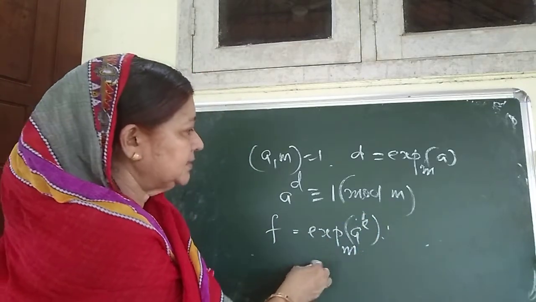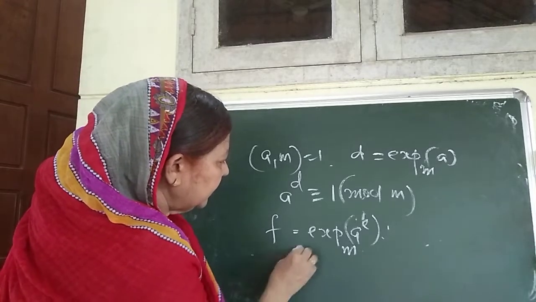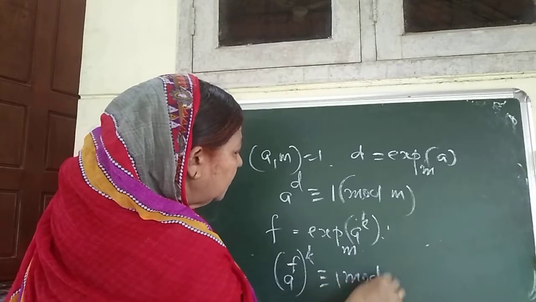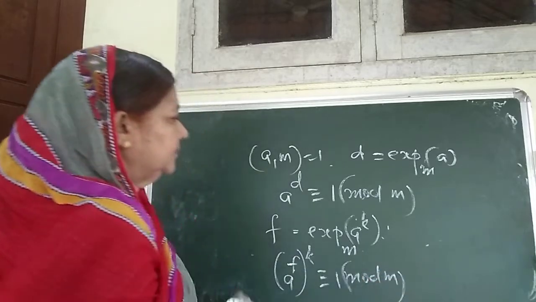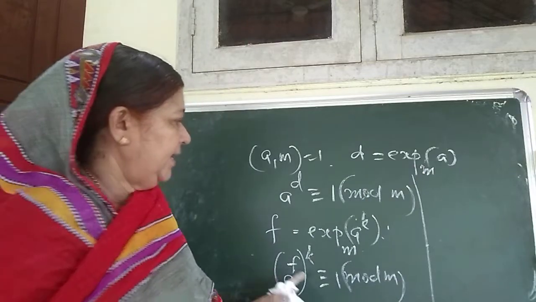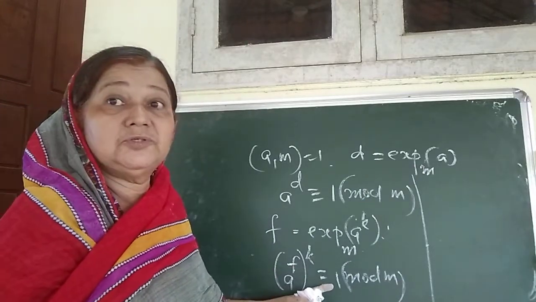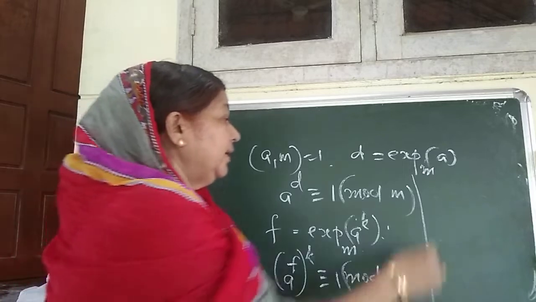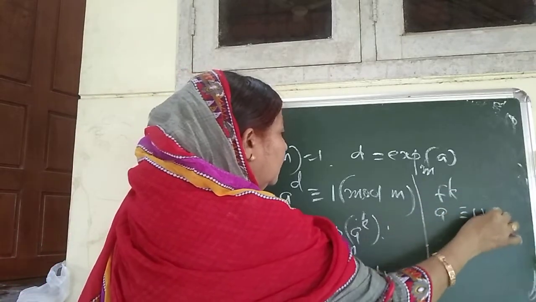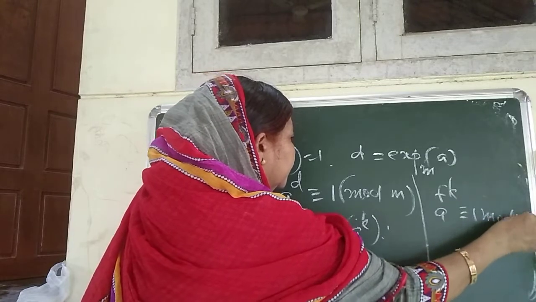That means a raised to k, the whole raised to f, is congruent to 1 mod m. So we get a raised to fk is congruent to 1 modulo m.